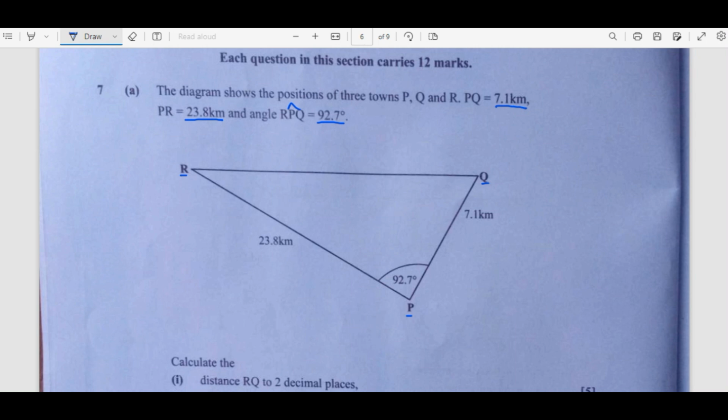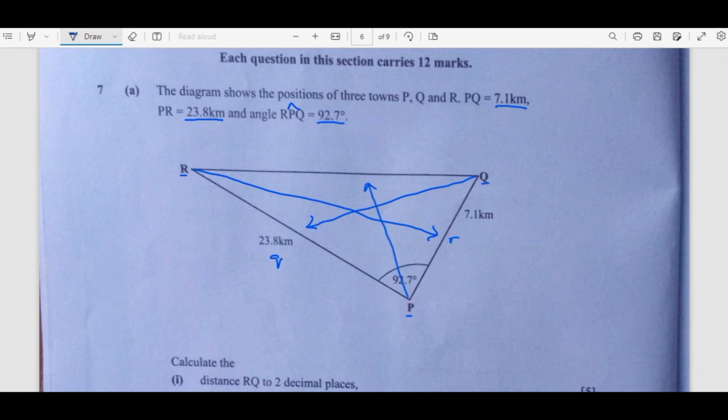To find the position of the side, this is where we find R, where it points, so that is the side R. And for Q we have this, and for P we have the opposite.